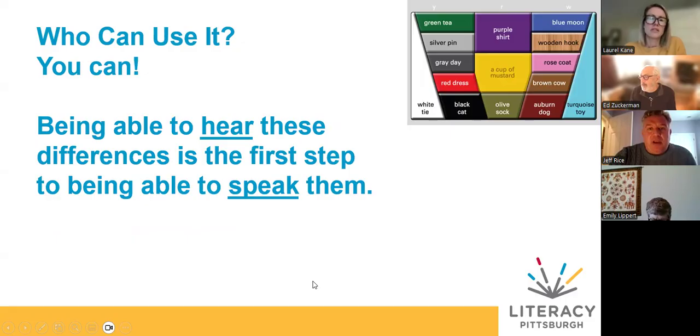Okay, and it looks like in the chat, in compound words like birthday, both syllables get equal stress. I would say birthday, I tend to put the stress on the first syllable, rather than birthday.